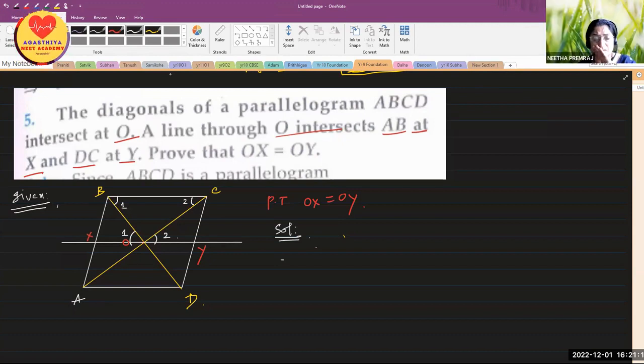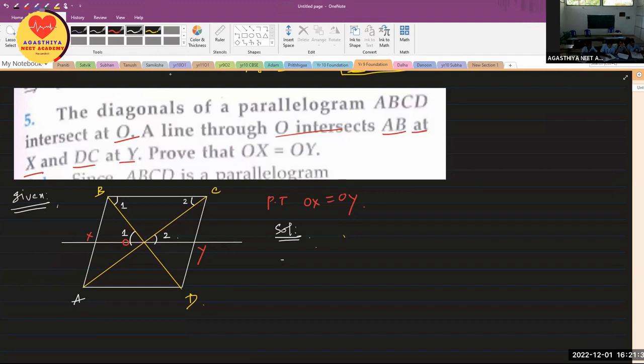They just mentioned a line through O intersects AB at X, DC at Y. They didn't even mention the line is parallel to BC or AD. Nothing is mentioned, isn't it? So what can we do? What could you prove?